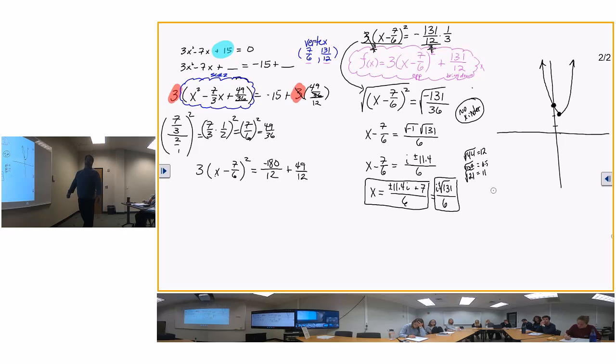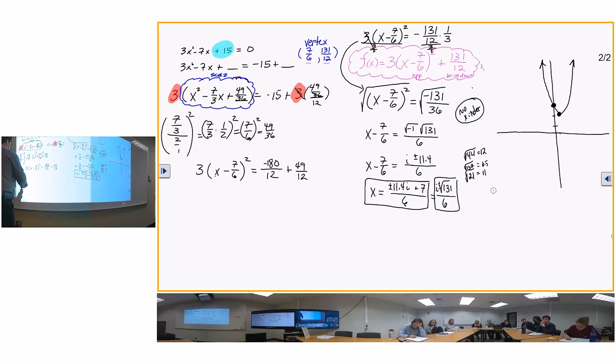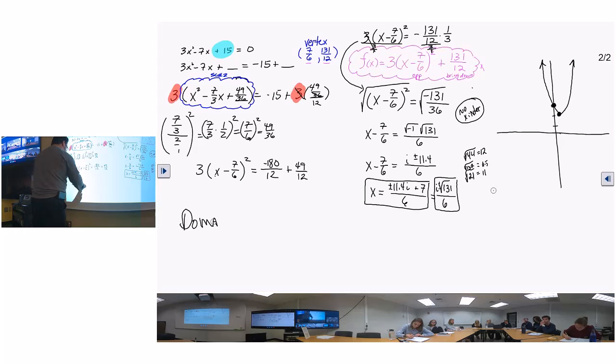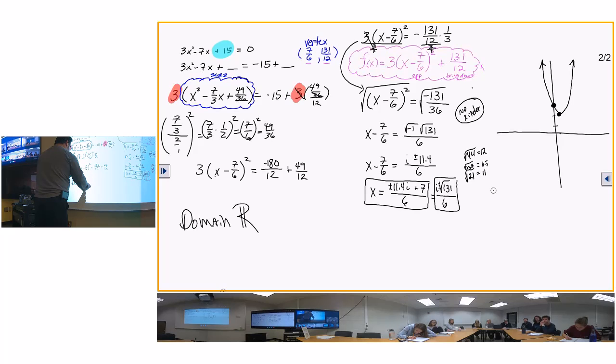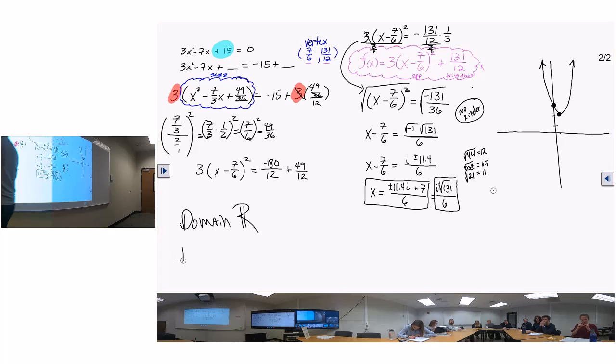So let's do our increasing and decreasing values. Domain is all real numbers because it's a square function, and that's not a radical or a rational or a log. So our domain is all real numbers. Our range is from 131/12 to infinity.